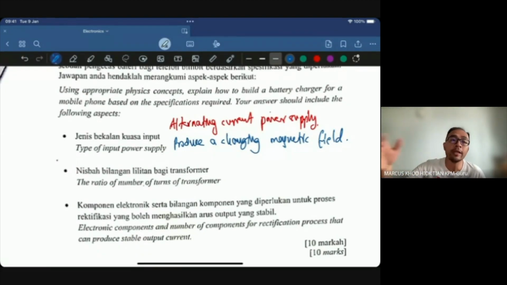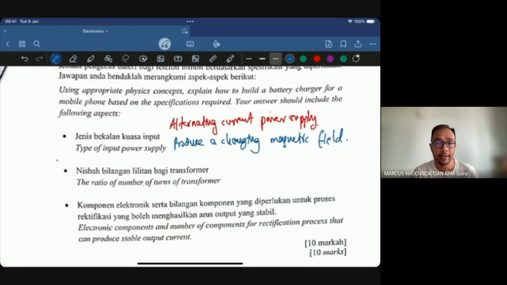By extension, a changing magnetic field means you can have electromagnetic induction. When electromagnetic induction can occur, then you can step up and step down the voltage. So this is the train of thought, but that's in another chapter altogether. For the purposes of our question, just remember that the reason you would choose an AC power supply is to produce a changing magnetic field.